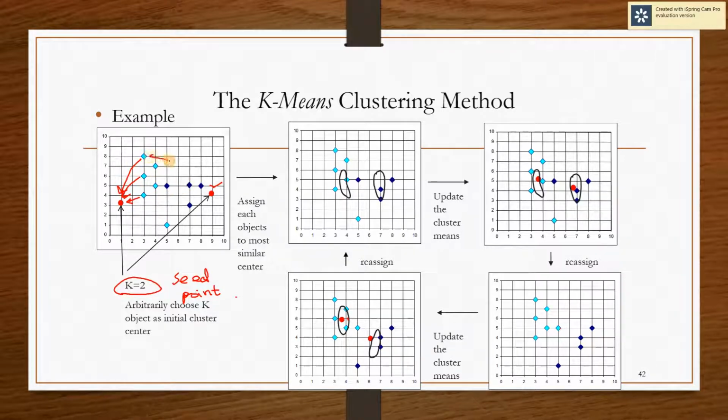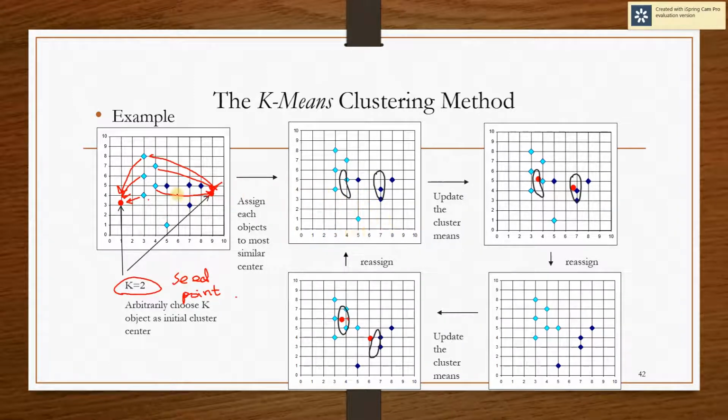So you compare it with this one and this one as well. The most similar, where the similarity is high, will be clustered near to the similar center. Then you are going to update your cluster means.